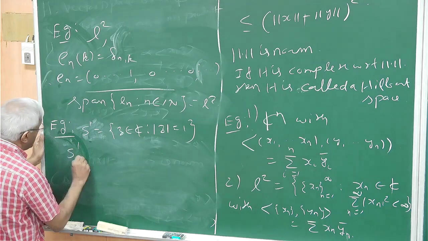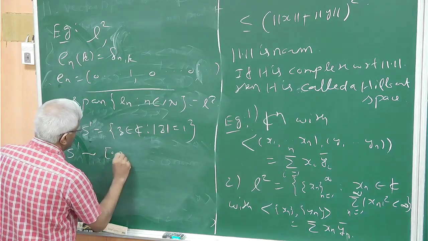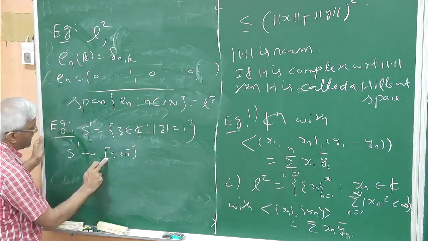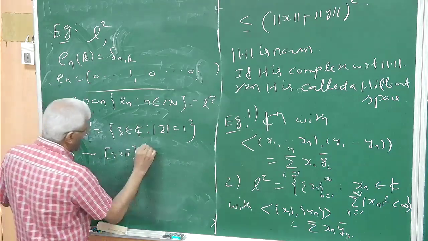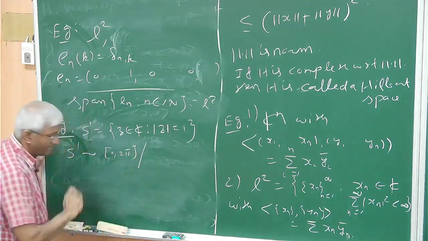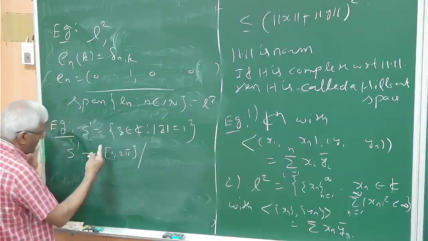So S1 we identify with the interval 0 to 2 pi. We cannot identify directly, but you have to identify the endpoints: this endpoint is identified with 0.